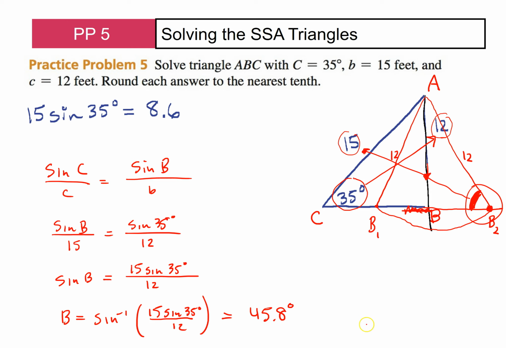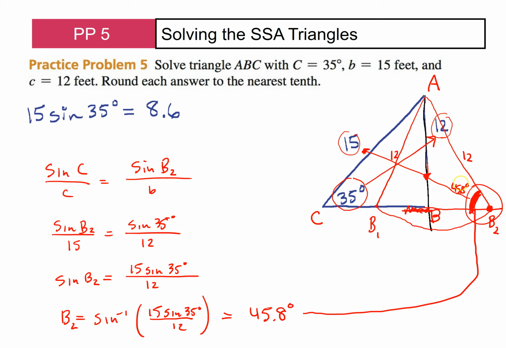What do I know? This angle is B2, actually we should label it as B2. Sorry, let me go back real quick and label B2. B2 is 45.8 degrees.